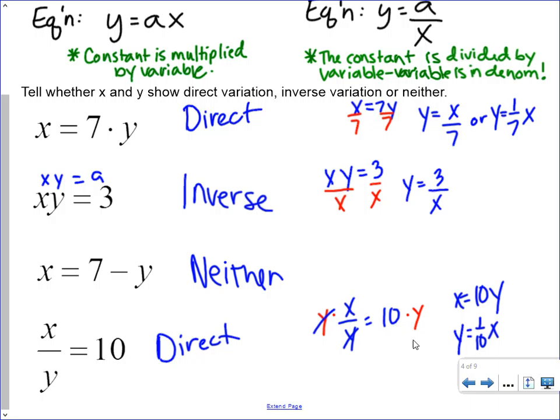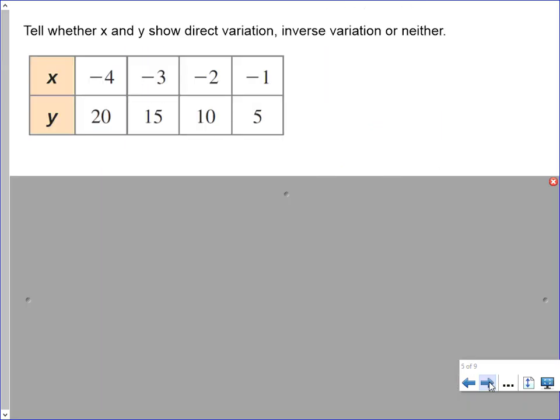Okay, moving along, there are some other examples where we can tell whether it's direct, inverse, or neither. Let's say I give you a table of values. Here I tell you x is -4, -3, -2, -1, and then I tell you y is 20, 15, 10, and 5.